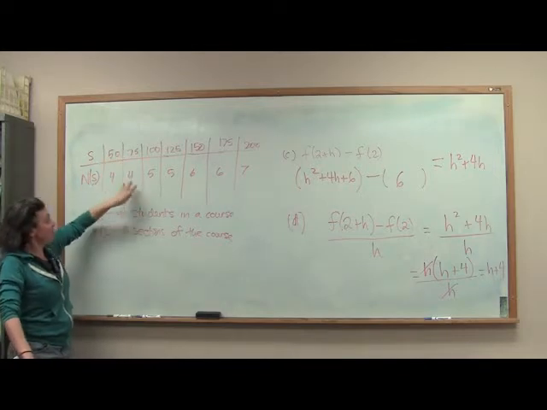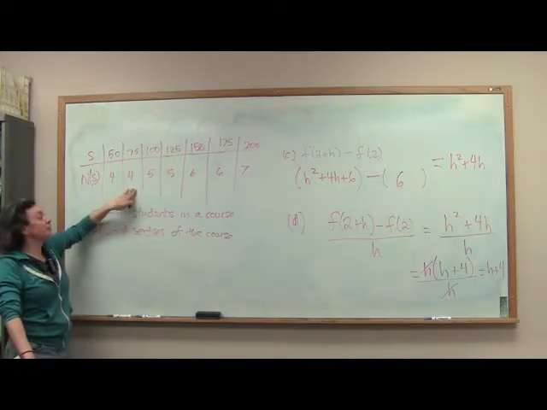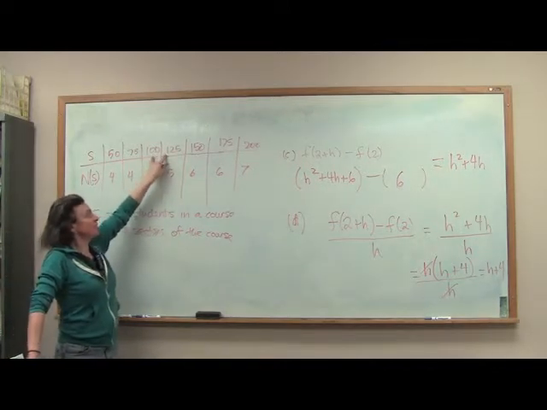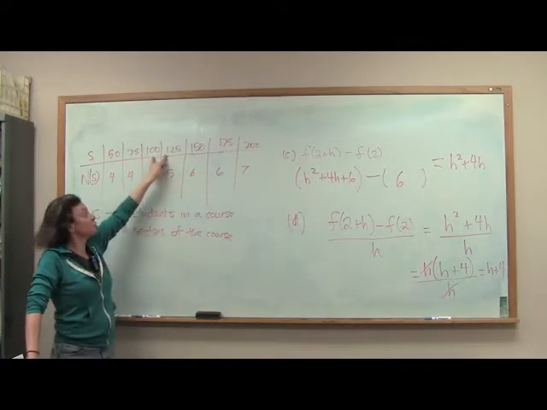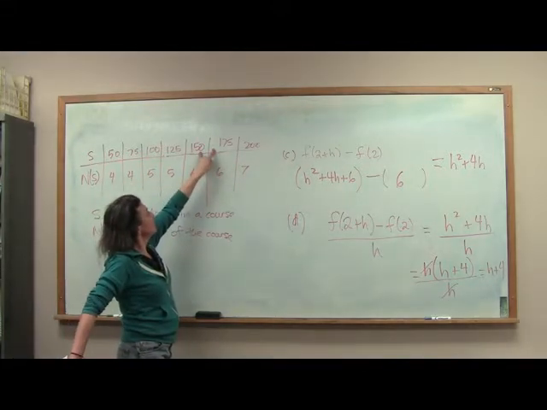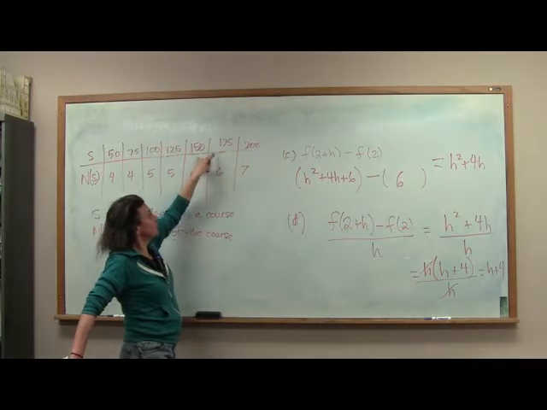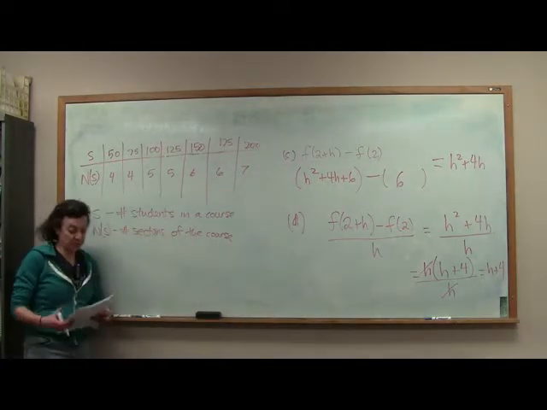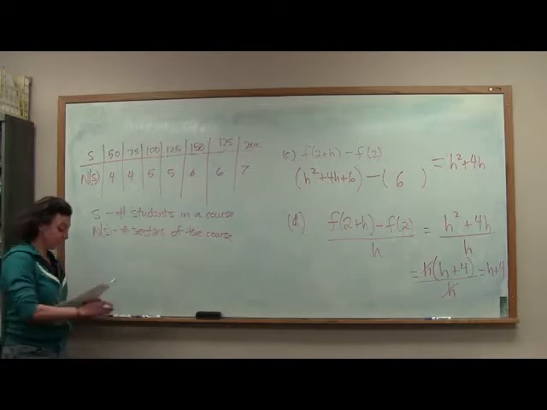If there's 75 students, there's also going to be 4 sections. Notice there's going to be 5 sections if there's either 100 or 125 students. There's going to be 6 sections if there's 150 or 175 students. And then when we get up to 200 students, there's going to be 7 sections.